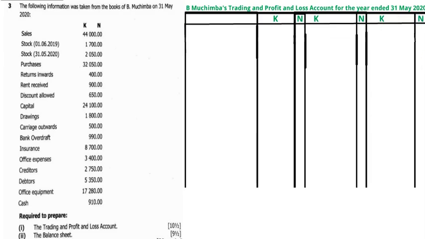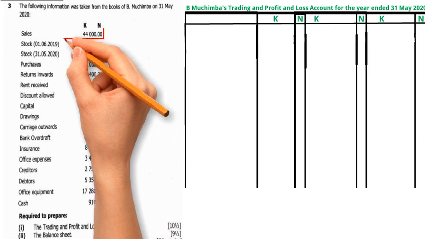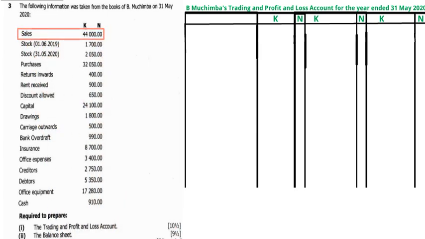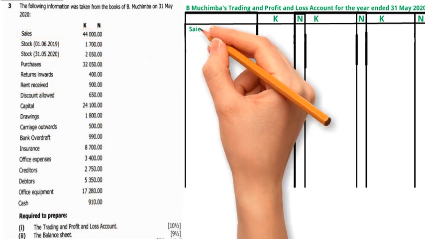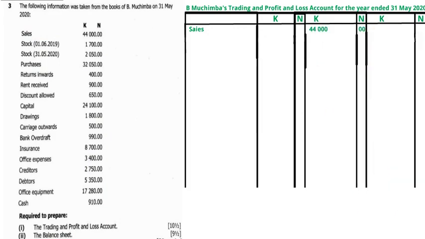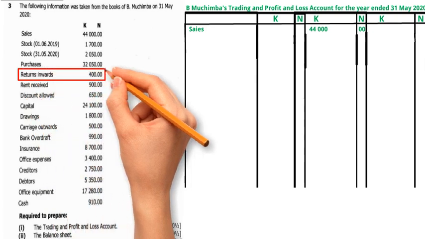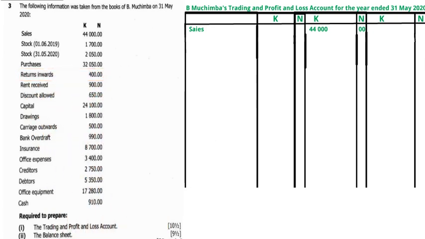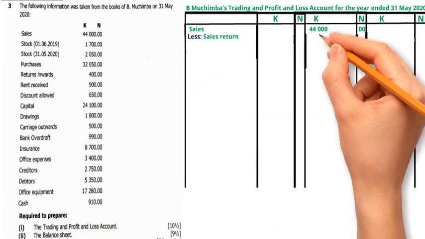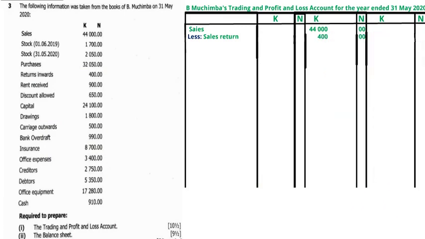Okay, now let us start entering the records. So we start with sales. So sales will be put here. I'll write sales and write 44,000 here. Then later I'm going to enter less sales return. Less sales return. So we write sales return.